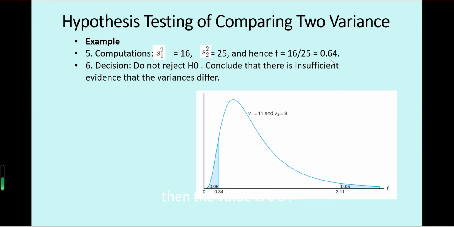Then the value is 0.64. Because 0.64 is in this central area, not in the critical region, we will not reject H0 and we can conclude that there is insufficient evidence to say that these two variances differ. Or we will hold the null hypothesis, that the two population variances are equal, right?